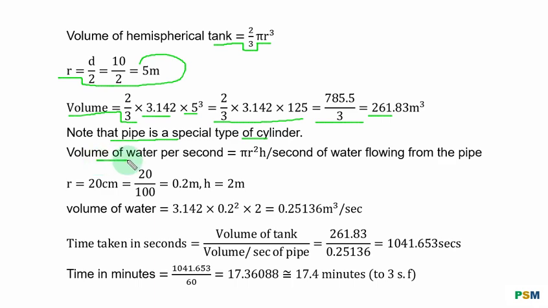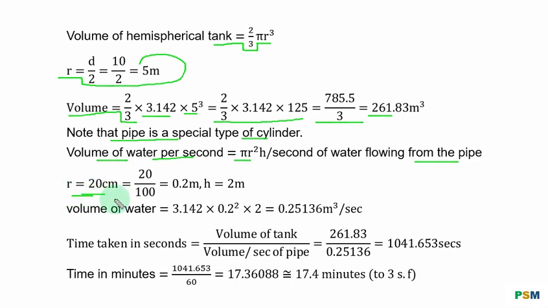Note that pipe is a special type of cylinder. Volume of water per second is equal to volume of cylinder per second of water flowing from the pipe. The radius of the pipe is given to be 20 centimeters. We need the same units. The first part we used meters, so let's convert this to meters.